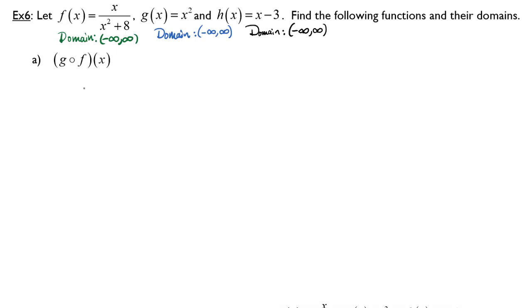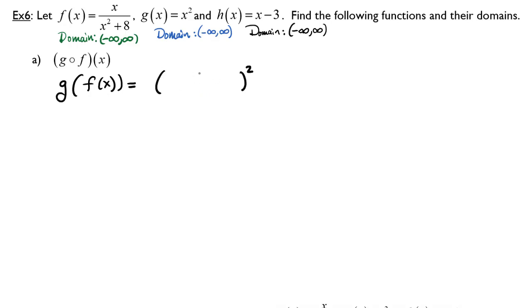Let's take a look at g of f of x. When we use g of f of x, we're going to substitute f of x into g of x. We can rewrite this as an open space for f of x squared. Now, you can think of this as x being the number inside. However, we have to replace the variable with the function f.